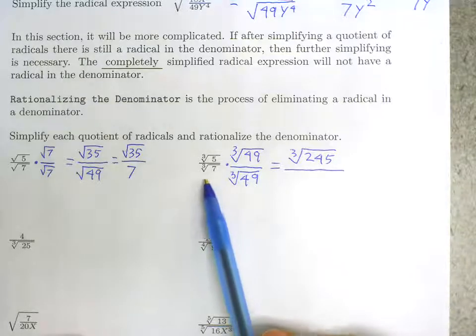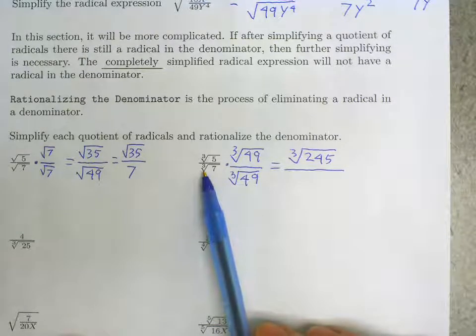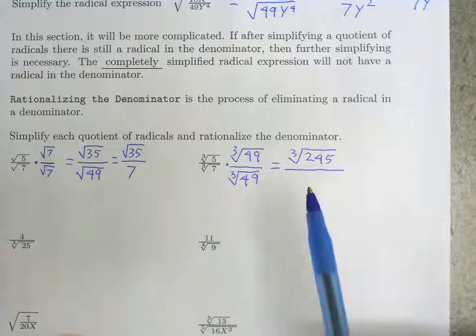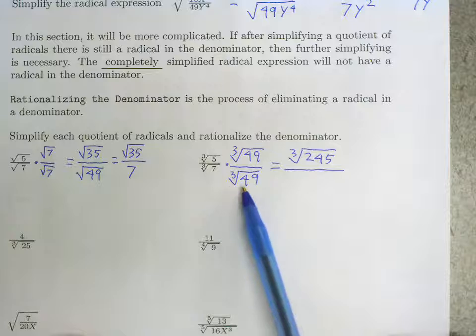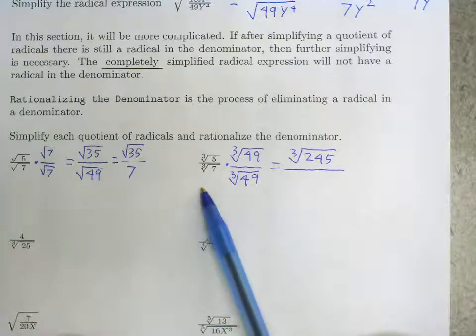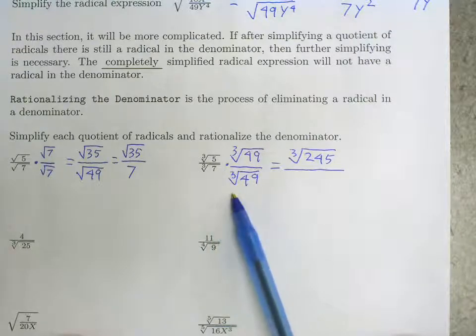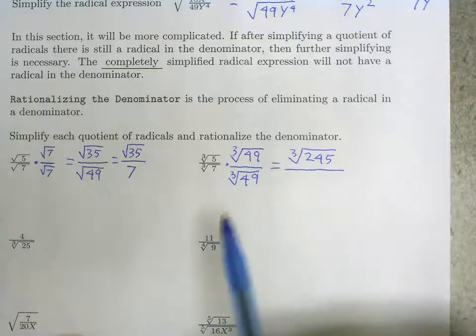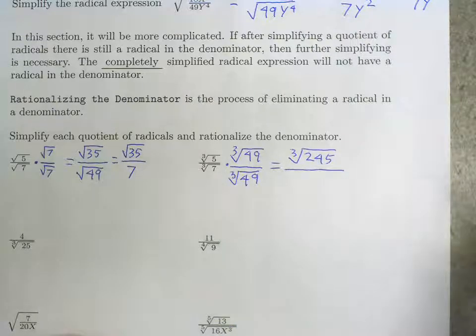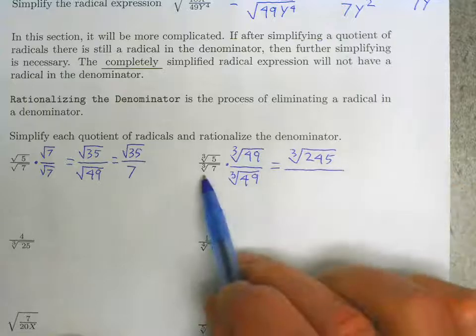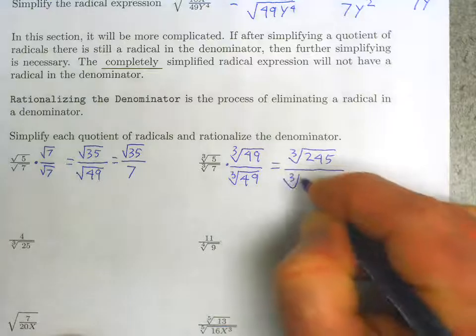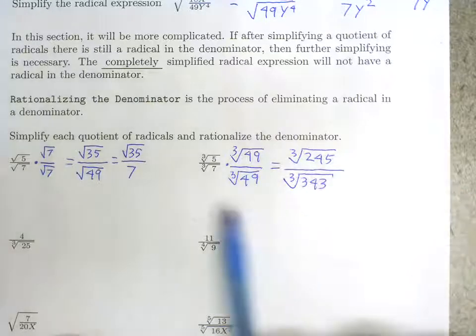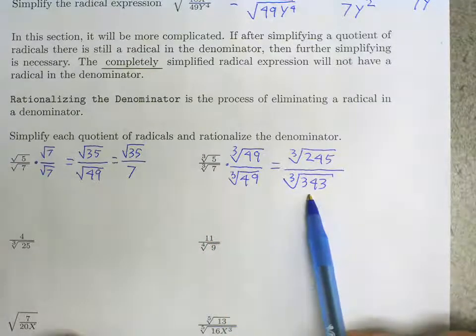We can write the completely simplified denominator in the next step if we want, because the cubed root of 7 times the cubed root of 7 to the second is the cubed root of 7 to the third, which is just 7. But we'll just do it in a couple steps. The denominator, the cubed root of 7 times the cubed root of 49 is the cubed root of 343, because 7 times 49 is 343.